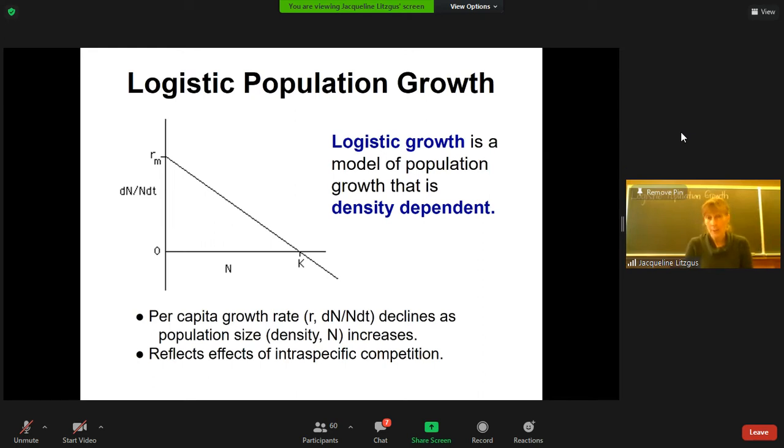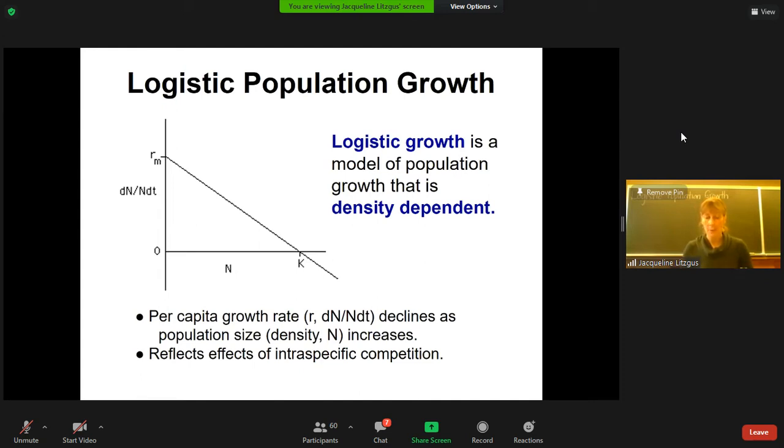When r is positive, the population is going to increase in size. But when r is negative, the death rates are bigger than the birth rates. There's more death than birth, and the population is going to decrease in size. And then the population is basically staying at the same size, that is, the growth is 0, when r is equal to 0.